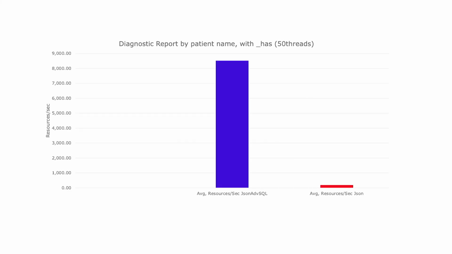But again, with this very complex type of query, we're doing much better in terms of JSON Advanced SQL, roughly 8,000 requests per second. Again, this is a smaller thread count, however, in this slide, in this example.